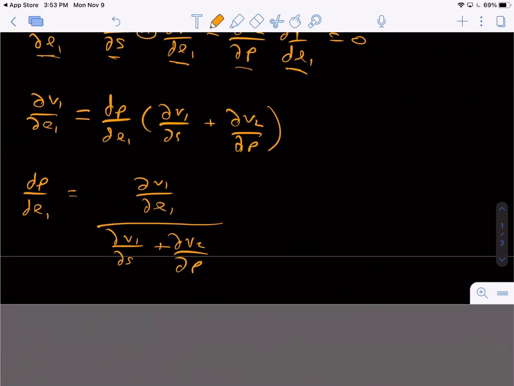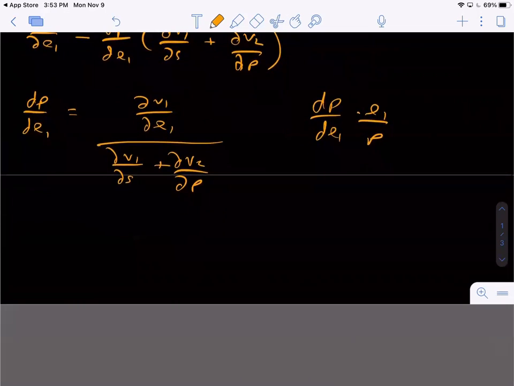Now, what I'm after is the scaled version. To get that, I'm going to have to scale these terms, which is quite straightforward. I'll multiply both sides by E1 and divide both sides by P.